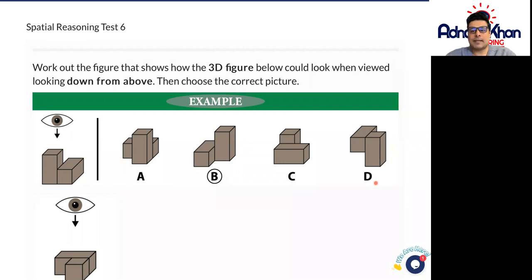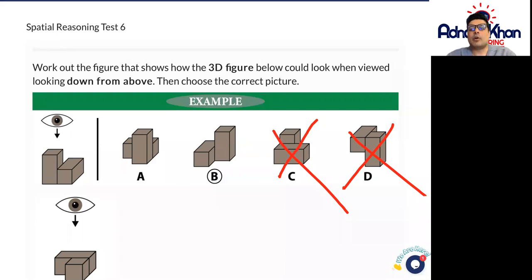It cannot be C. The reason it cannot be C is because the resting cuboid is actually at the top rather than the bottom. Even though C may sound very close, it can't be C because the figure is actually pointing on the outside.